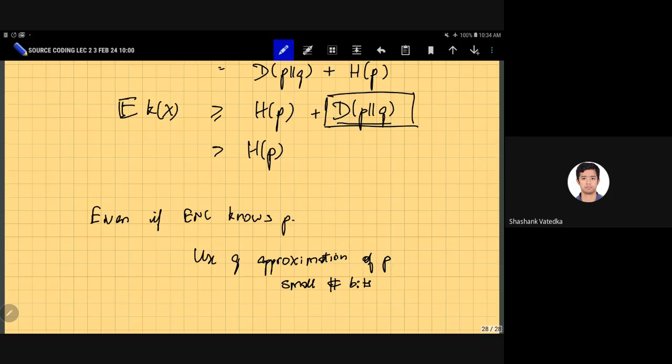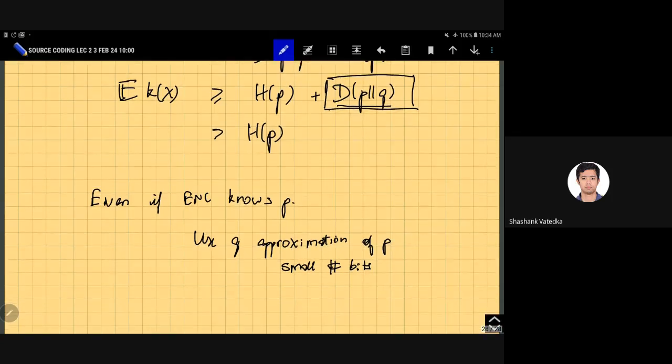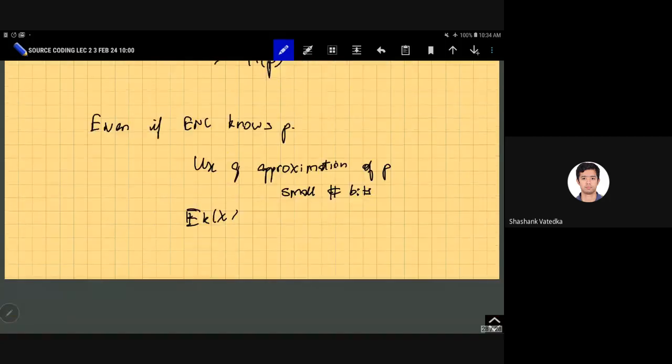If the quantized representation is Q, then you design the code according to Q, even though you know the actual distribution is P, and the expected length you would now achieve would be H of P plus D(p||q).